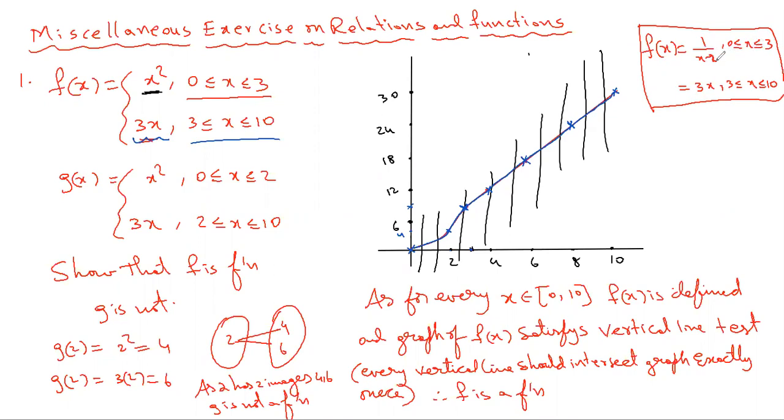But if I take x is equal to 2, 1 by 0 won't be defined, right? So even though I mentioned 0 to 10 as the domain, the actual domain is not 0 to 10. The domain at that time will be 0 to 2 union 2 to 10, because at 2 it is not defined.